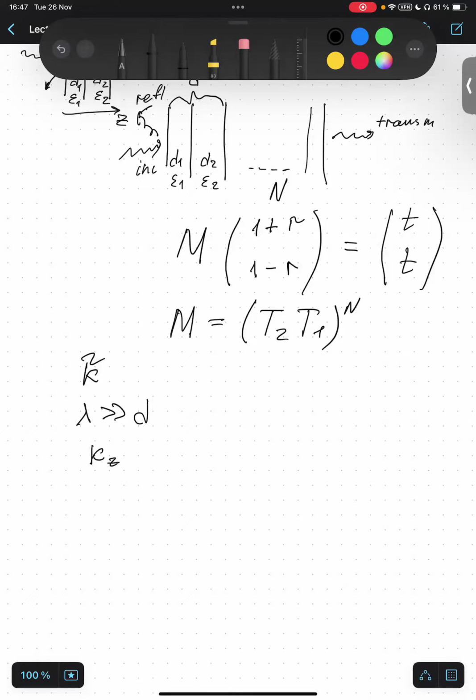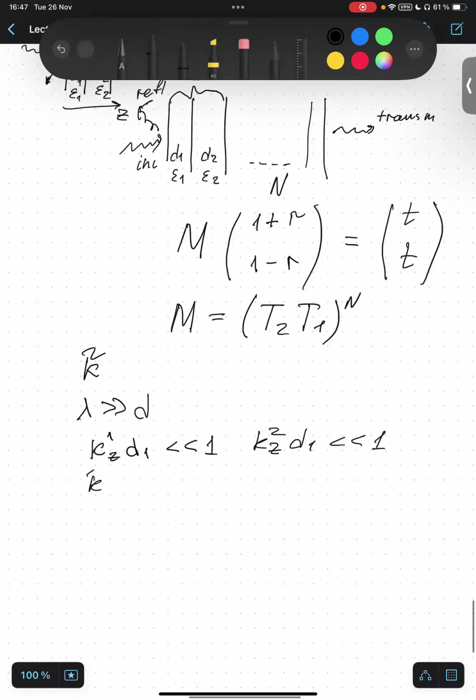So what are the parameters in this case? Let's write it. kz1 d1 is much greater than 1. Also kz2 d2 is much less than 1.